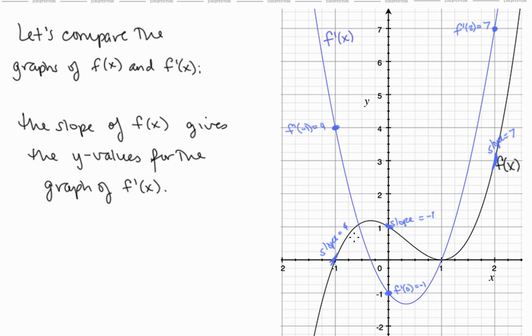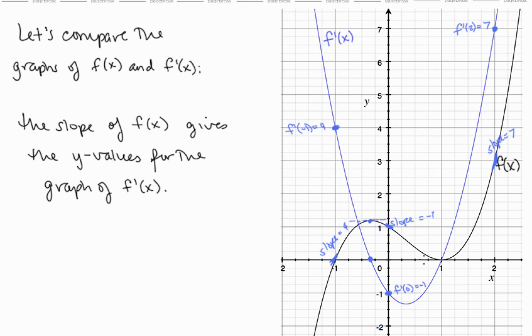And it's worth noting a couple of other x values here that are going to be helpful for us in the future. Let's take a look at this x value. Our slope of the original is equal to 0. So notice the derivative function has a y value of 0.